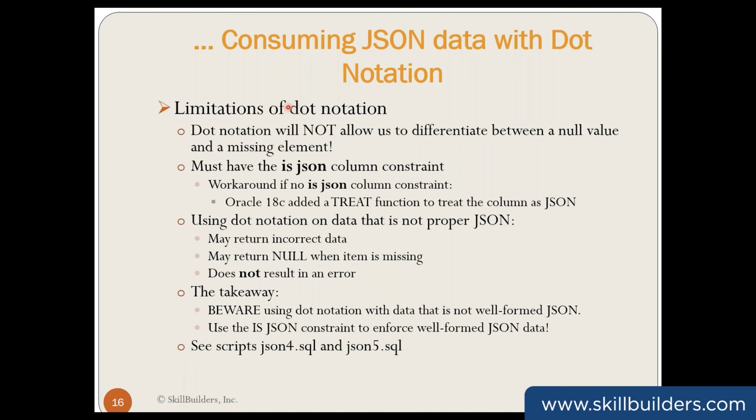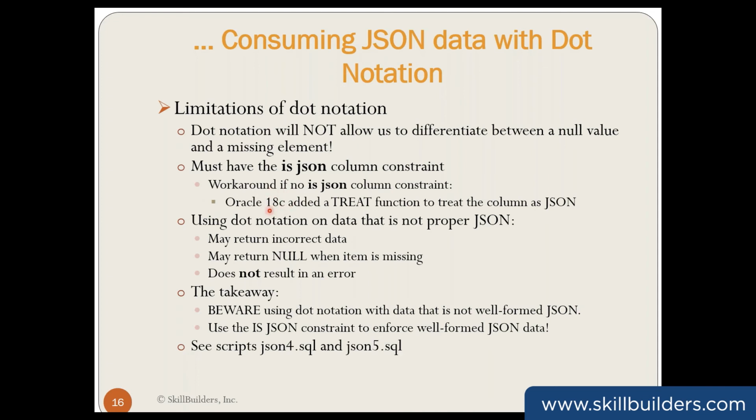I mentioned there were limitations in dot notation. We said it can't differentiate between a null value and a missing element. That was a big problem, and we needed the isJSON constraint. By the way, sometimes your JSON data is not in a table with an isJSON constraint. Someone just gives you a string you read from a file or created some other way. If you're going to use dot notation, Oracle has to know it really is valid JSON.